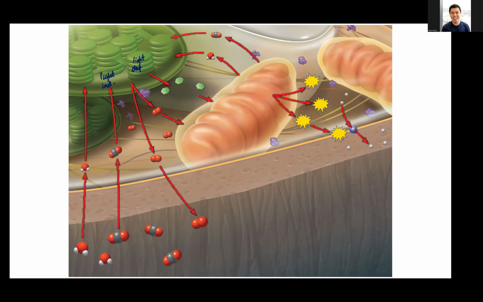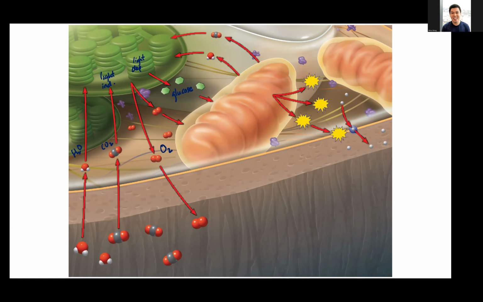So this is CO2. The light-independent reaction takes in CO2. The light-dependent reaction takes in H2O. And they make oxygen gas and glucose. But the glucose is just storing the energy. It doesn't get converted into the energy for all the cellular activities in the plant cells.